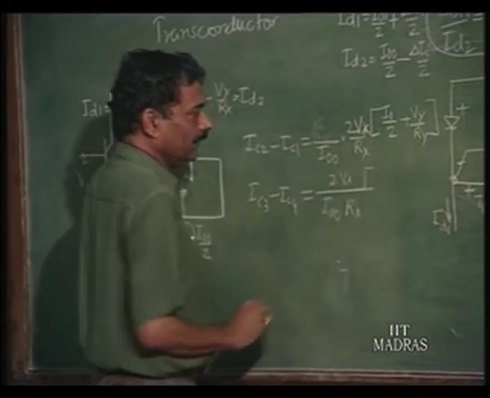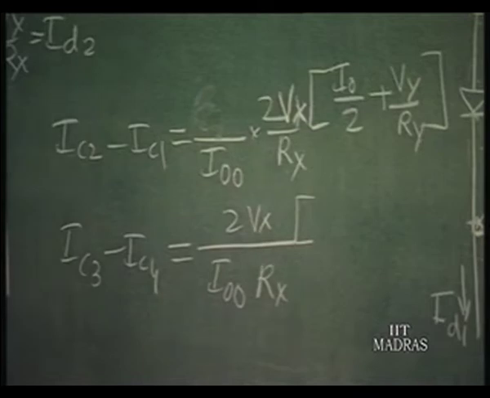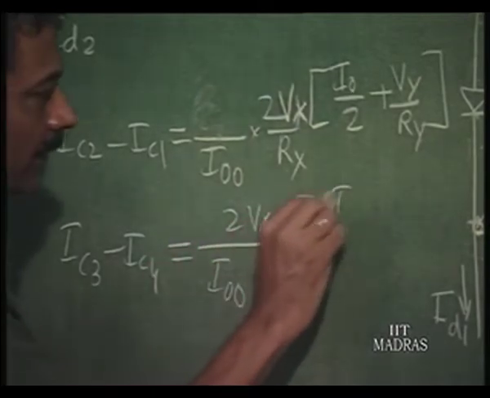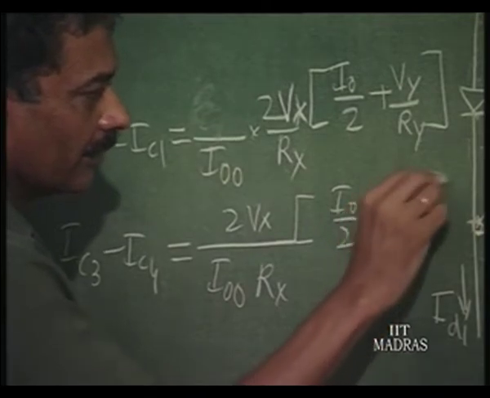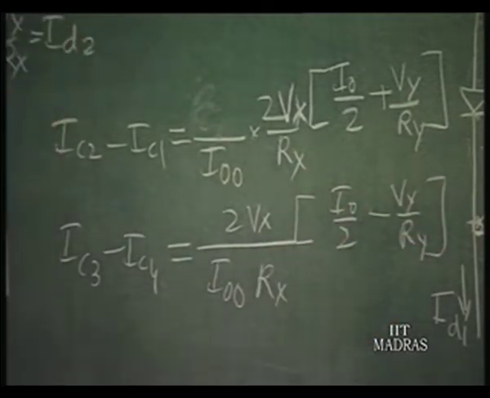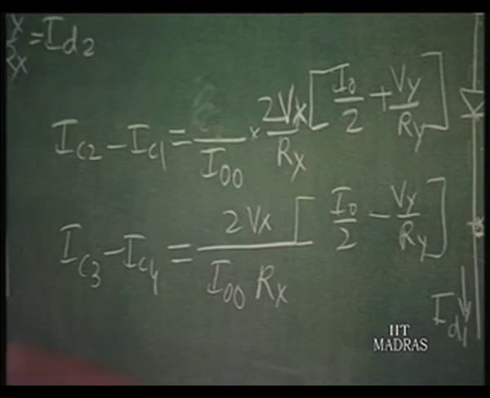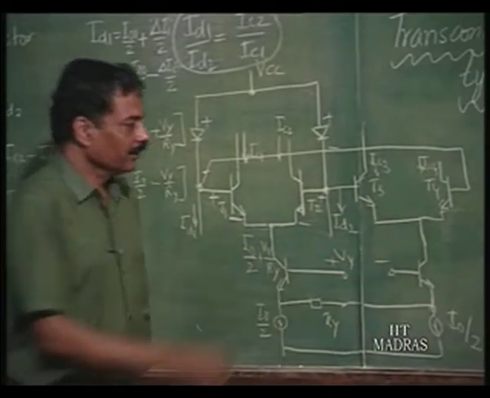Only thing is here it will be I naught by 2 minus Vy by Ry, because this current source current is different.